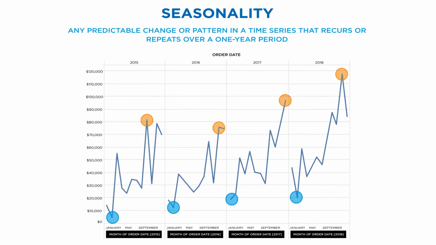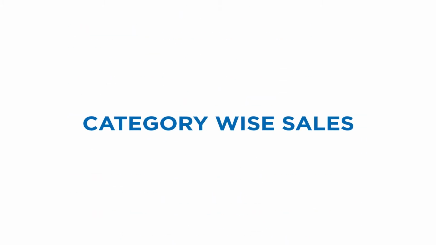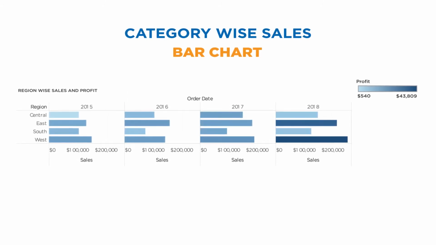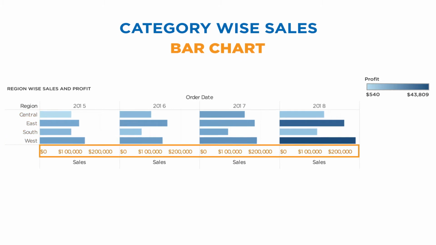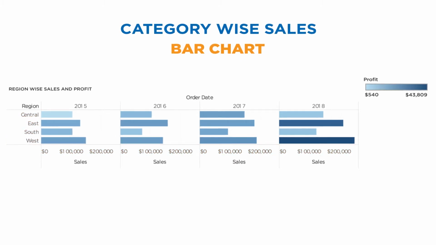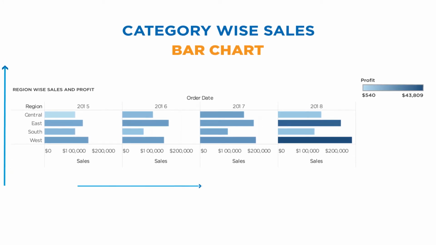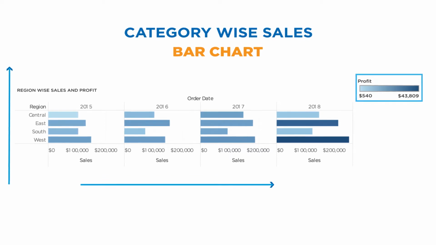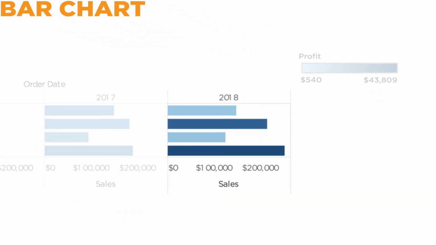Once you have an overall idea of the actual sales, you can further drill down to category-wise sales. Bar chart is the best way to represent this scenario as it covers both category and numeric variable. This bar chart gives us information about category-wise sales and profits earned. The profits are color-coded based on the degree of profit. Overall, the business shows good results everywhere.